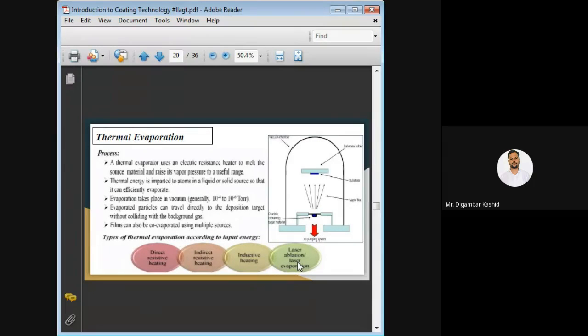As I have already mentioned, there are different types of source or energy, so it depends on how we are going to give the energy. Depending upon that, we have the nomenclature of different heatings and different thermal evaporation methods.